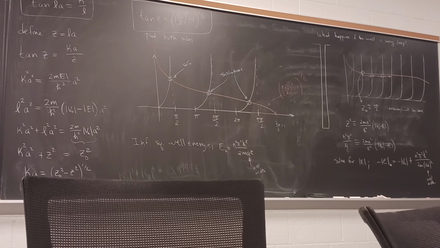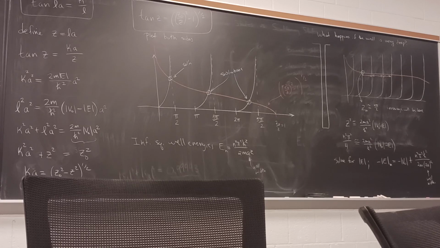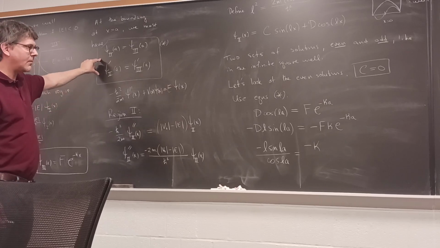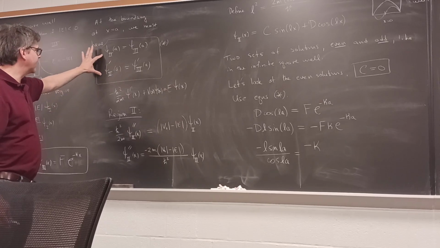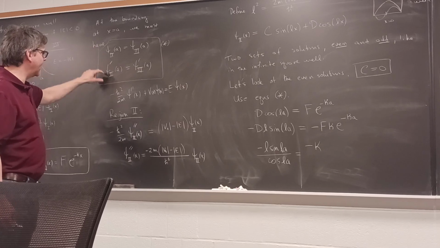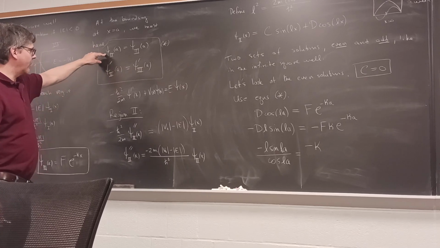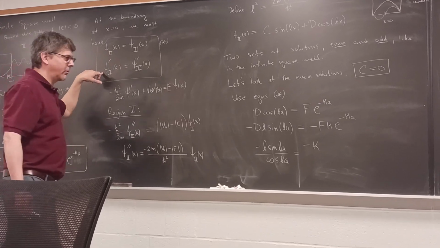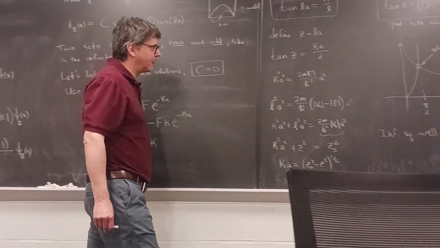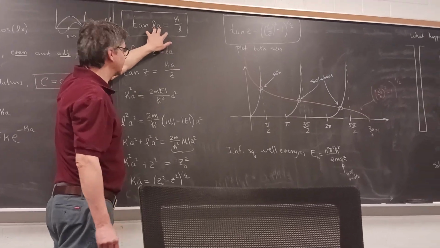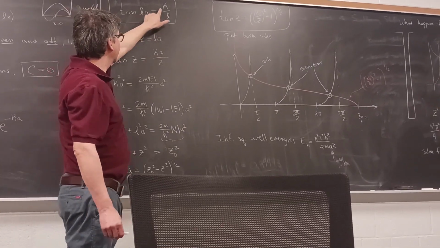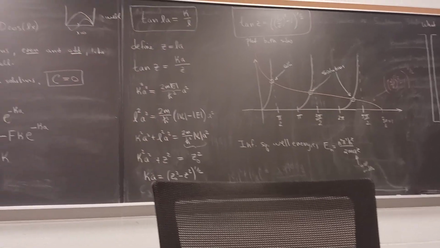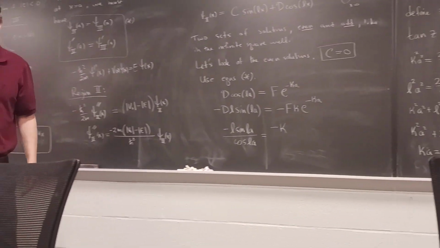Remember when we did the infinite square well, it was the boundary conditions that gave us the quantization. That's all we're doing here. Our boundary conditions now are that the wave function has to be equal and the derivative of the wave function has to be equal. And that gave us this relationship between the L and the kappa, and that's what determines the energy relationship.